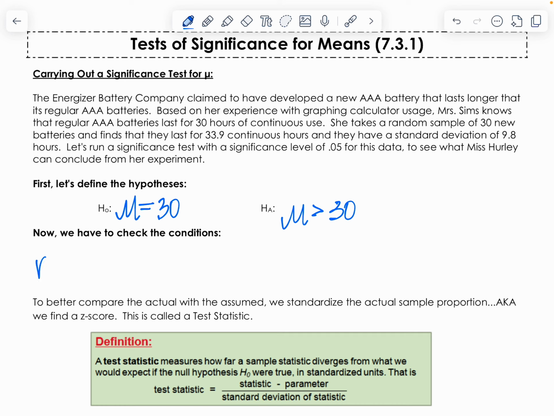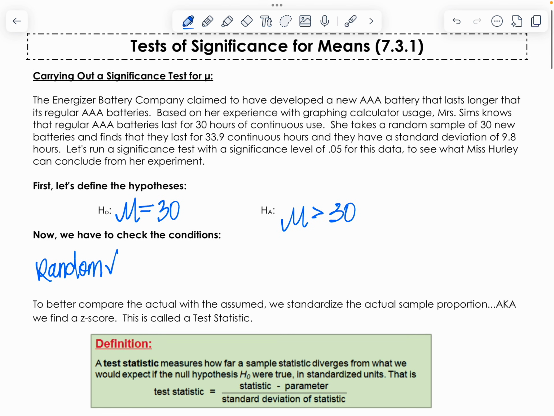So now our three conditions for means: random, yes, right? She took a random sample where n was 30. Independent.